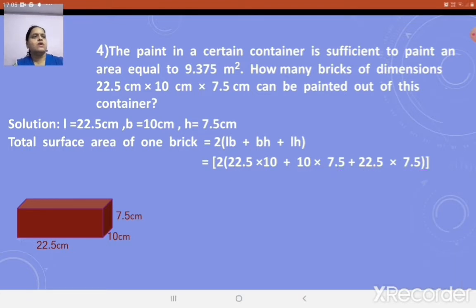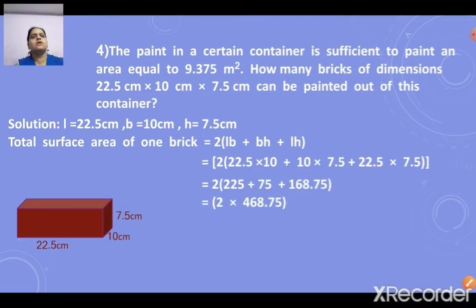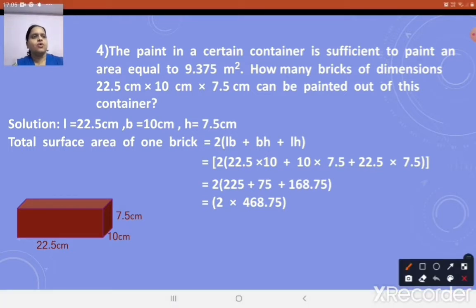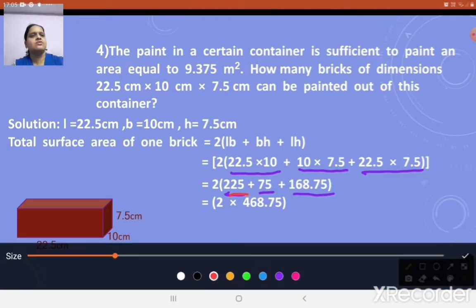According to that we get the next step as 2 in the bracket 225 plus 75 plus 168.75. So 22.5 into 10 is 225, 10 into 7.5 is 75, and 22.5 into 7.5 is equal to 168.75.